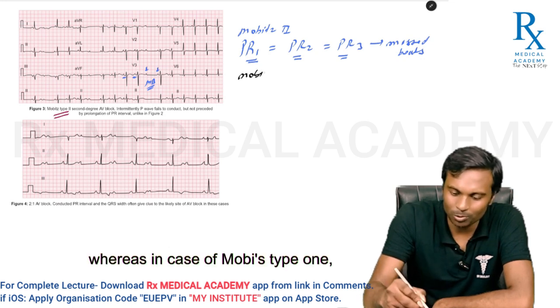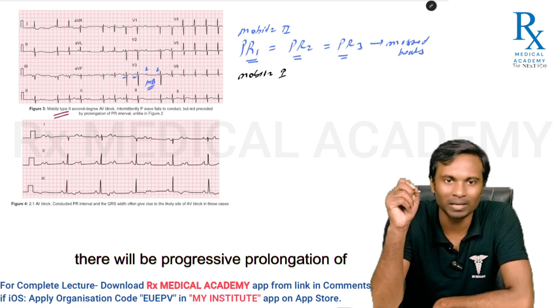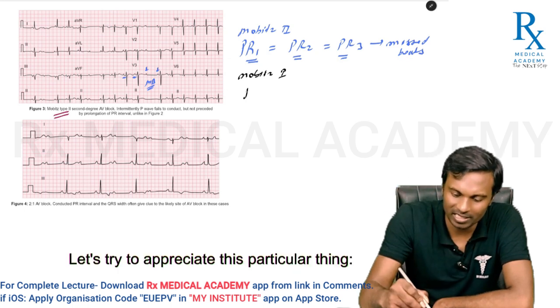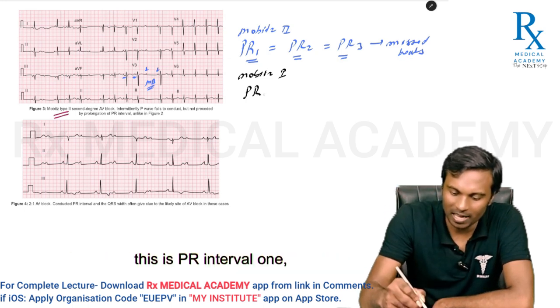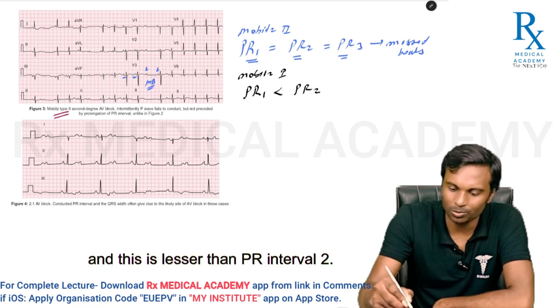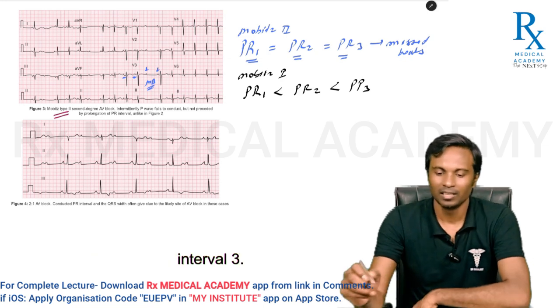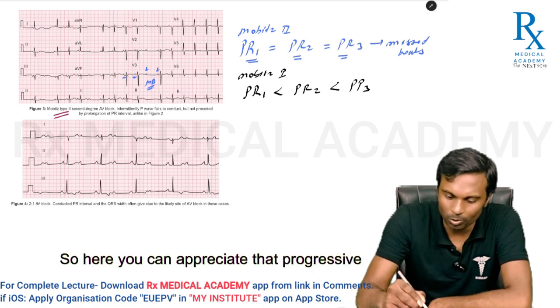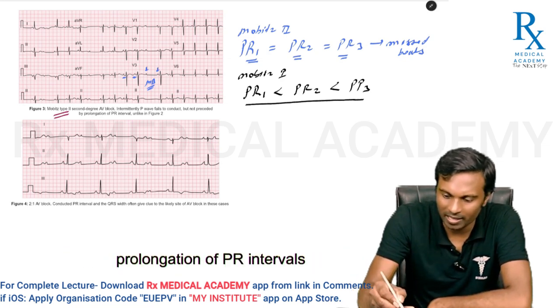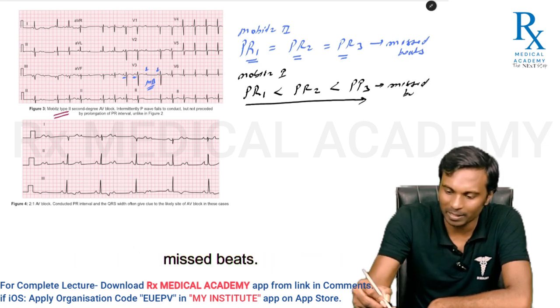Whereas in case of Mobitz type 1, there will be progressive prolongation of PR intervals. Let's try to appreciate this. This is PR interval 1, and this is lesser than PR interval 2, and PR interval 2 is lesser than PR interval 3. So here you can appreciate progressive prolongation of PR intervals, and then you can appreciate the presence of missed beats.